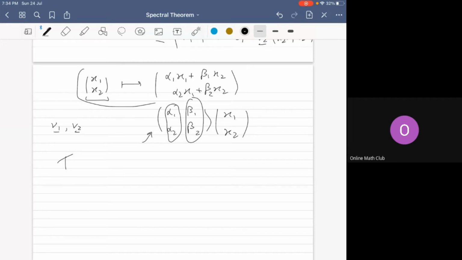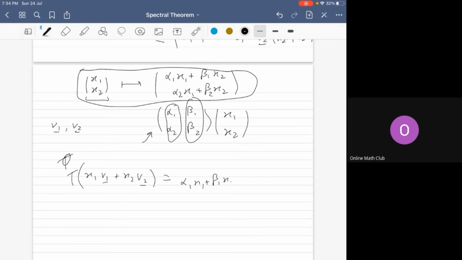Then what I mean by this is that the vector x1 v1 plus x2 v2, which I just write loosely as a coordinate vector, T of this is just alpha 1 x1 plus beta 1 x2 v1 plus alpha 2 x1 plus beta 2 x2 v2.